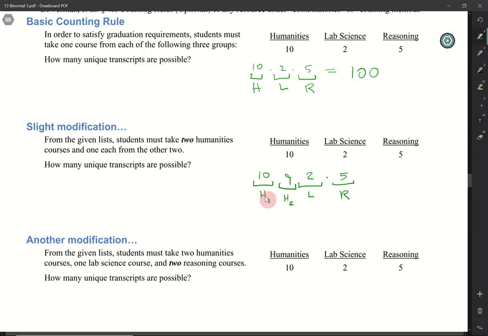Before it was a little easier, where all of them were possible. Here, the first one you have 10 choices, but for your second one you can't take that course twice and get credit for it. You have to take a different one. So we know 10 times 2 times 5 is 100 from before, times 9, that's 900.